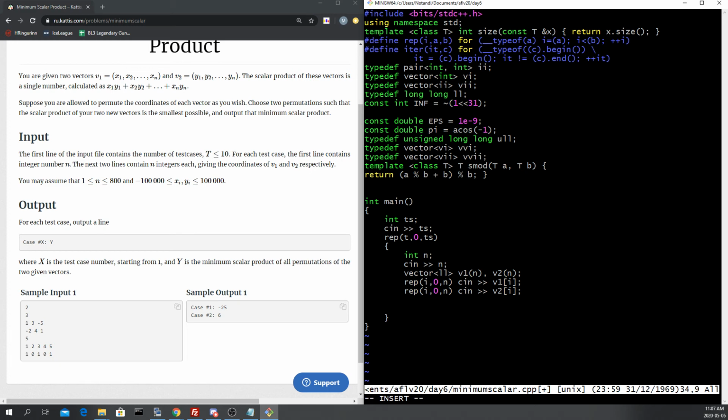We want to sort, so we set ascending order for the first one. So let's just sort v1.begin, v1.end. For the second one, we want descending order. I think the easiest way to do that is sorting in ascending order and then reversing. So we sort and then we reverse.